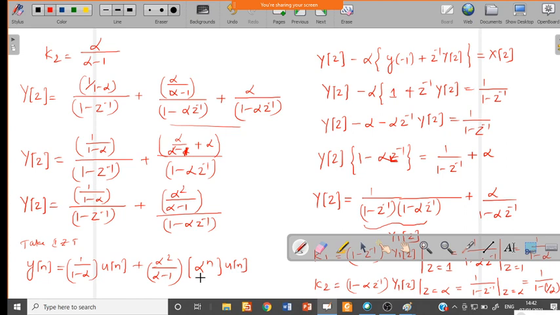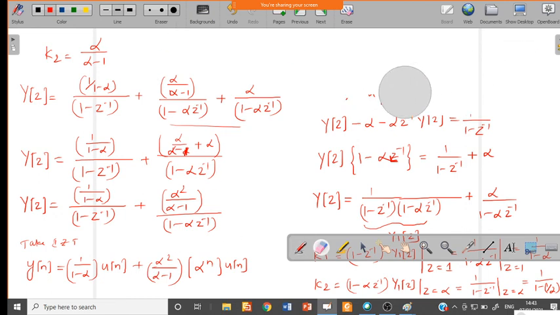Okay, so now we can multiply this alpha power 2 and alpha power n, and write it as alpha power n plus 2, and you can take common terms.